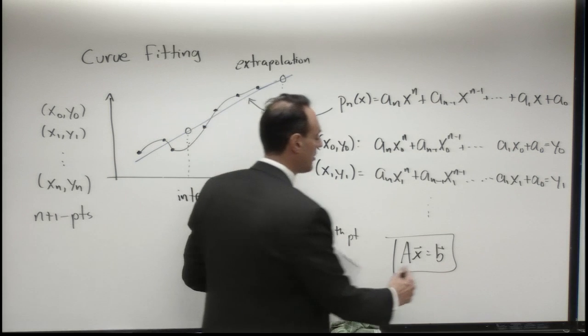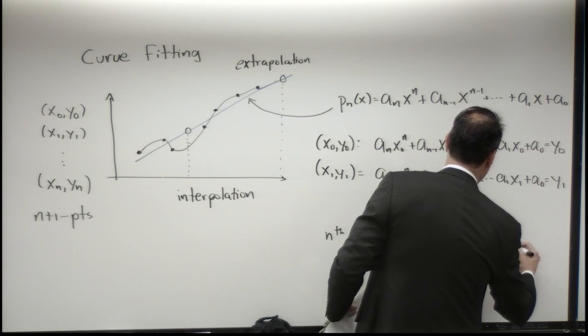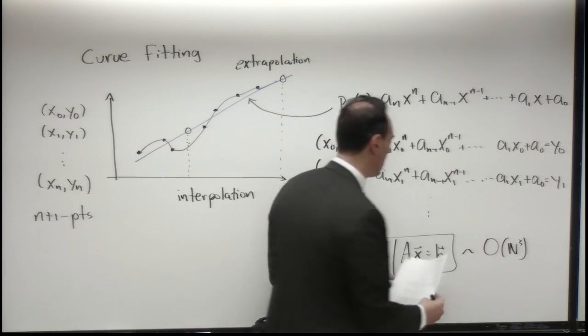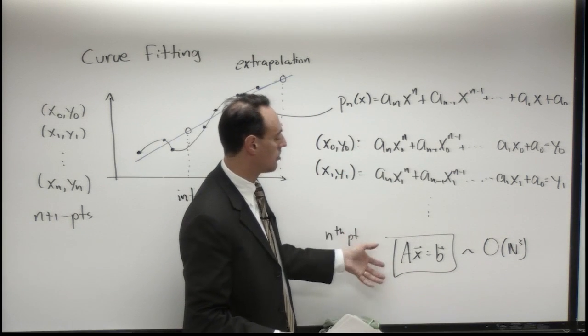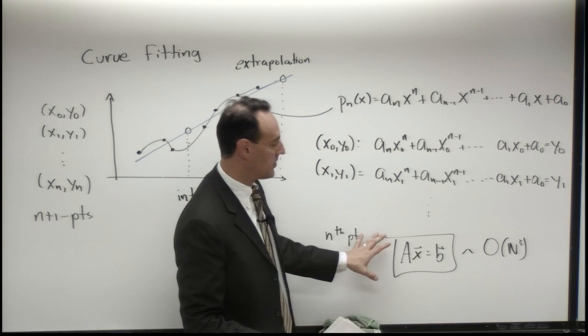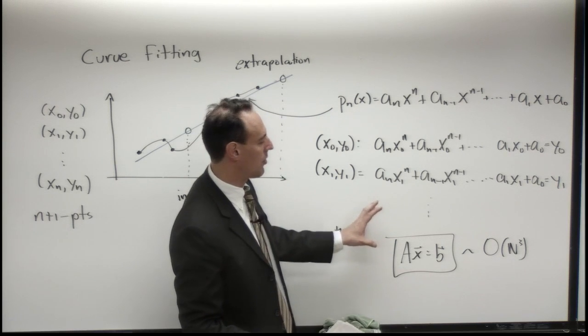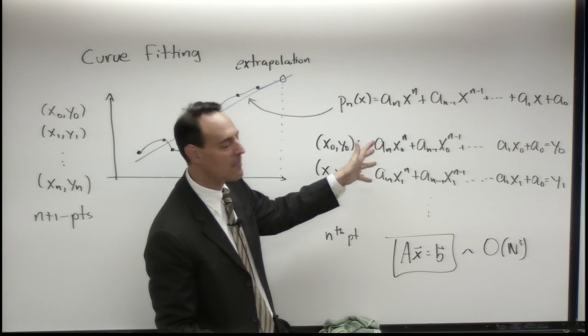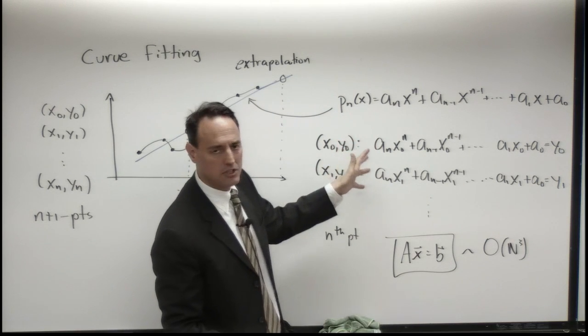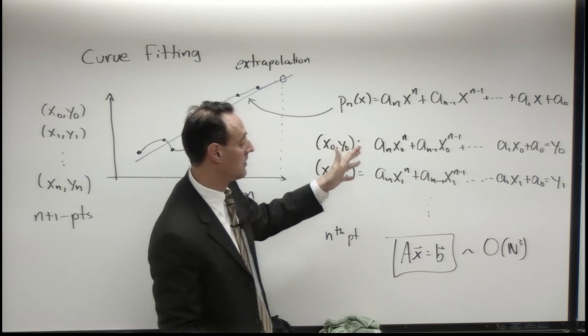And this is going to cost me order n cubed to solve. So I've got to not only plug it in, I've got to go solve it. This way is sort of straightforward. I would call this the brain dead way. You would think about doing this right away, but then it's just not very efficient computationally. In fact, nobody does this in computing.